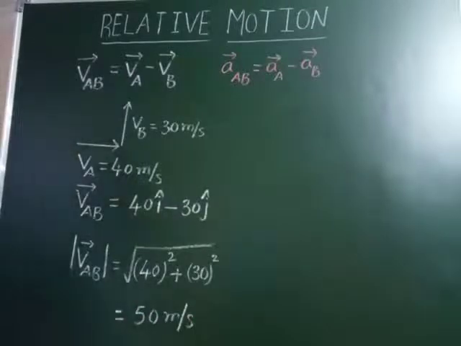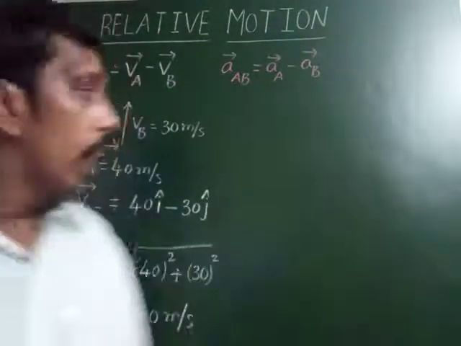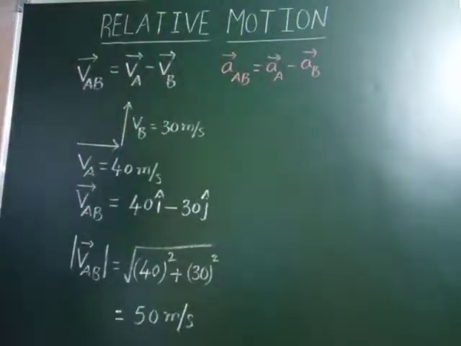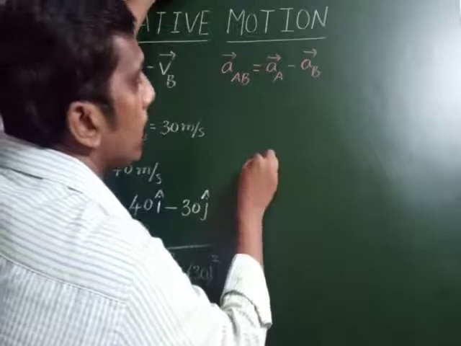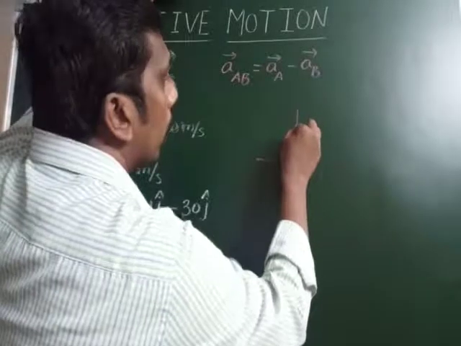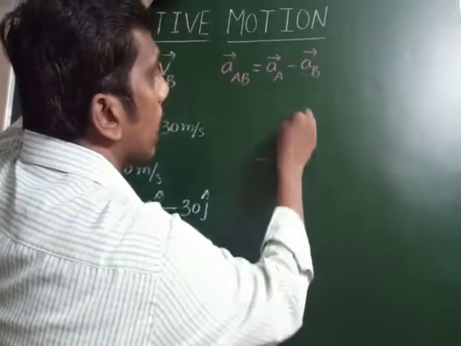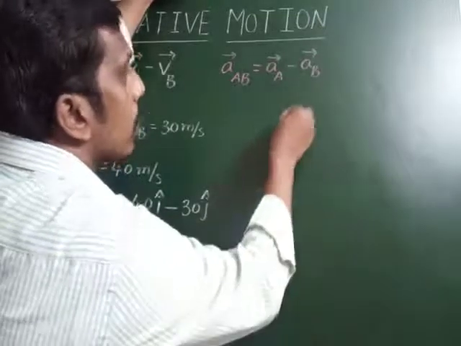We got the magnitude. What is the resultant direction? To get the direction, we know the parallelogram law, the triangle law and the polygon law of vector addition. What is the triangle law of vector addition? Two vectors are taken as two sides of a triangle taken in order. The resultant of these two vectors is given by the closing side of the triangle, but in reverse order.